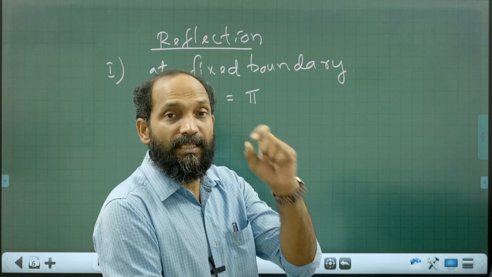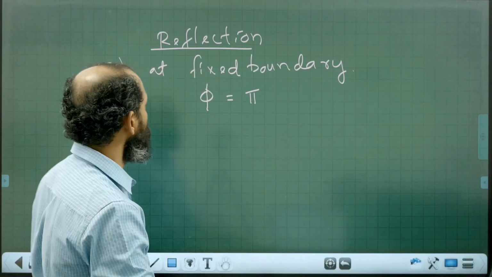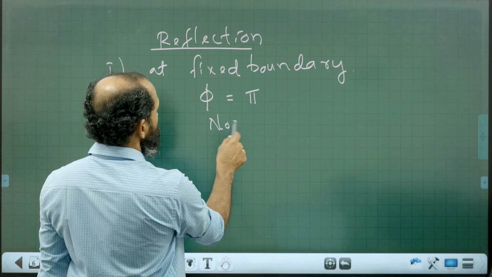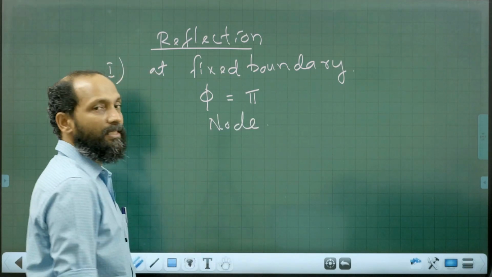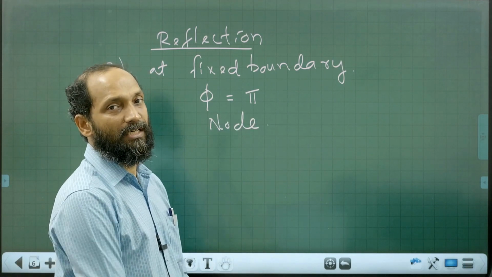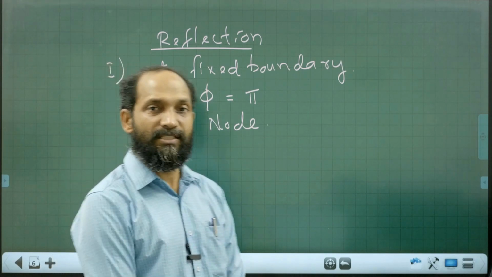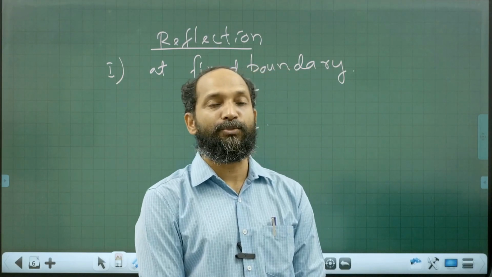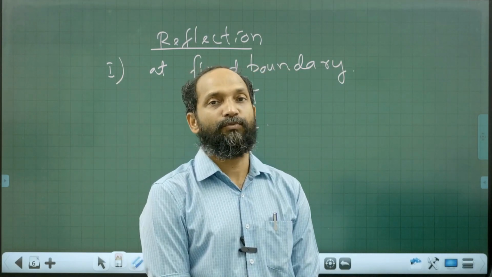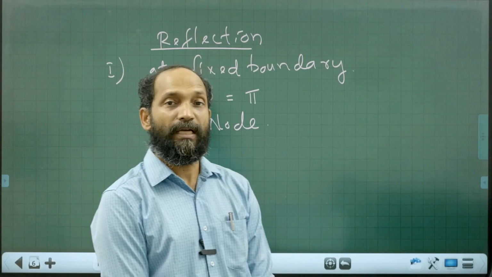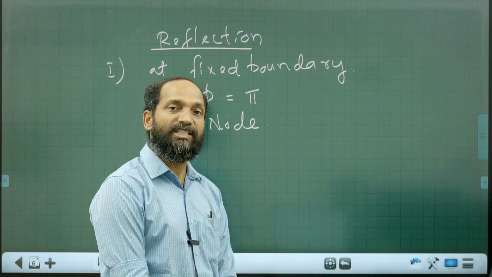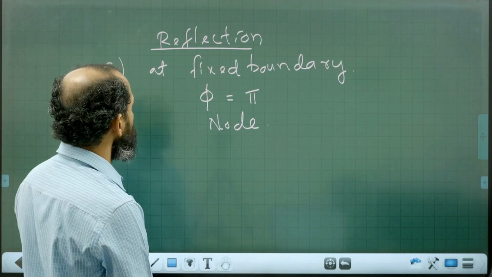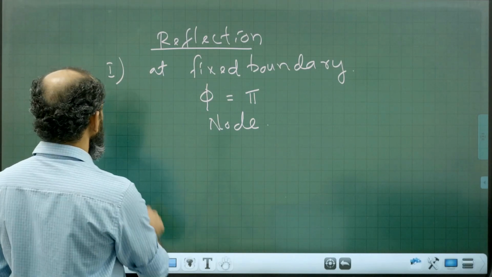So the region of no displacement is seen, which is called a node. So at a rigid boundary, due to reflection, nodes are seen. Nodes are those regions whose resultant displacement is 0. So the amplitude of that wave at nodes would be 0. That is why there is no energy. At nodes, particles are seen to be stationary.